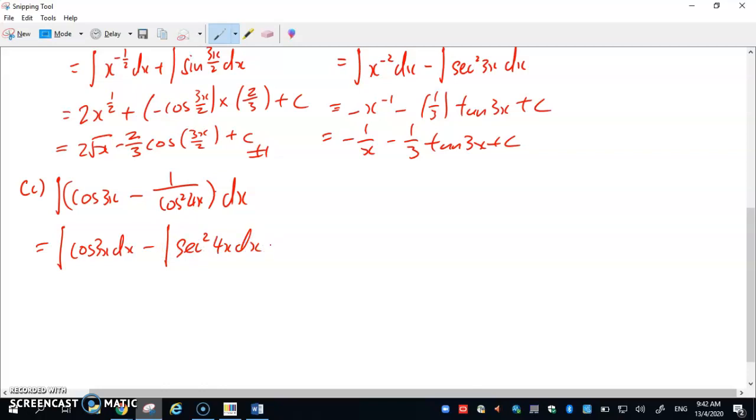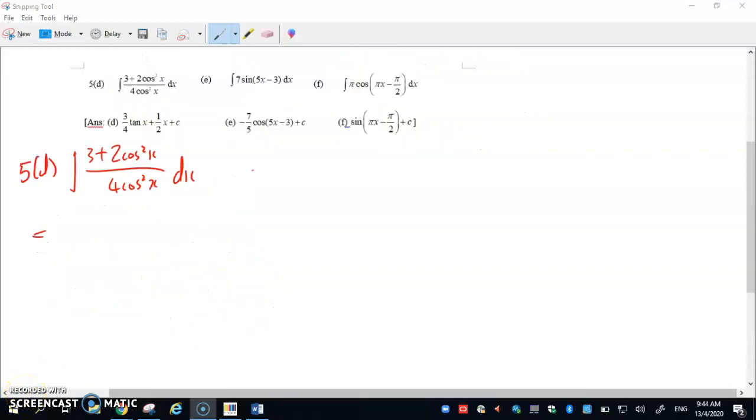The reason being that for secant squared, you may integrate directly to achieve tangent. So what you get is simply 1/3 sine 3x minus a quarter tangent 4x plus c. So that's your final answer.